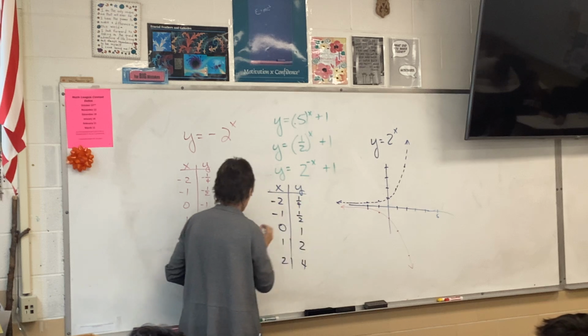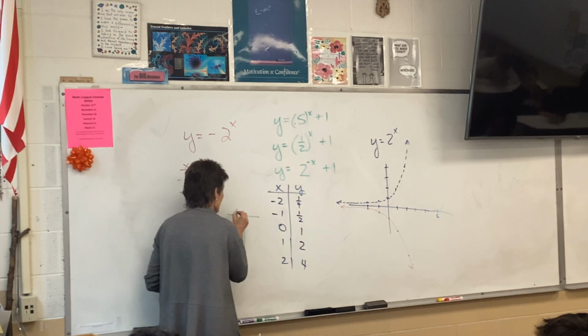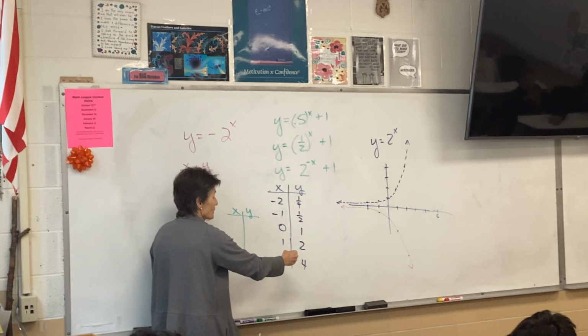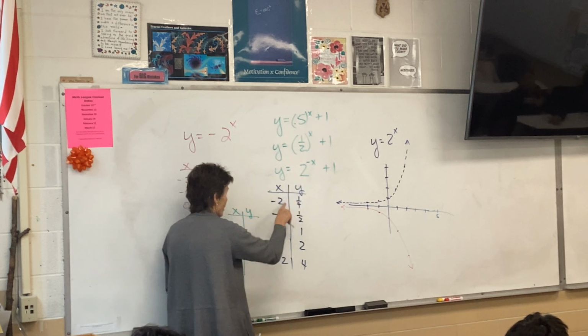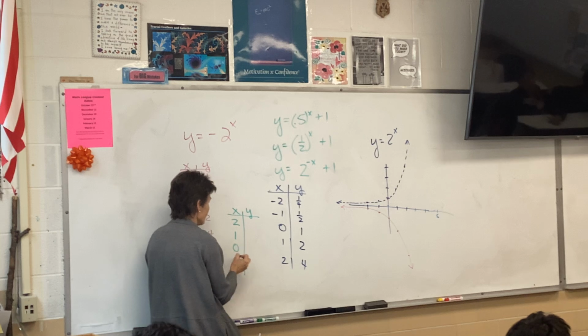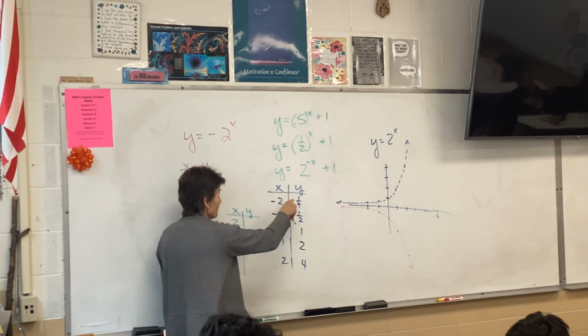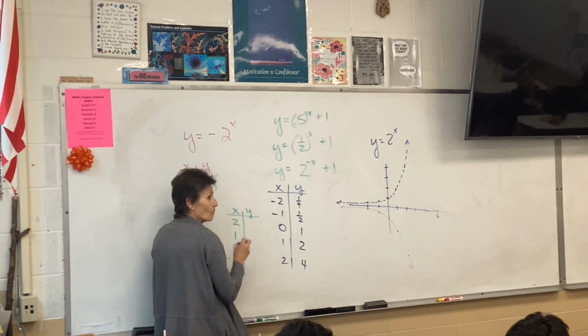So this table of values is going to change both. Here are the originals. The x's are going to become the opposite. And what's happening to the y's? We're adding 1.